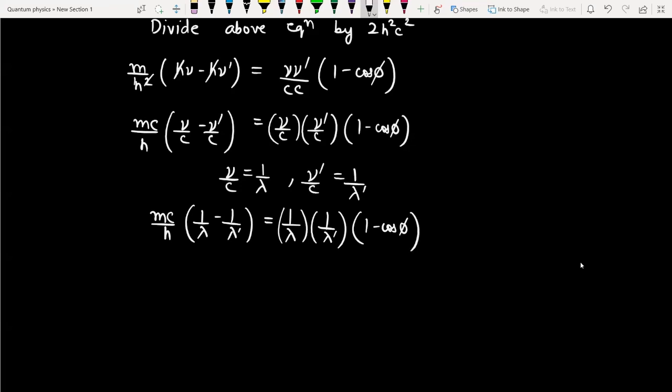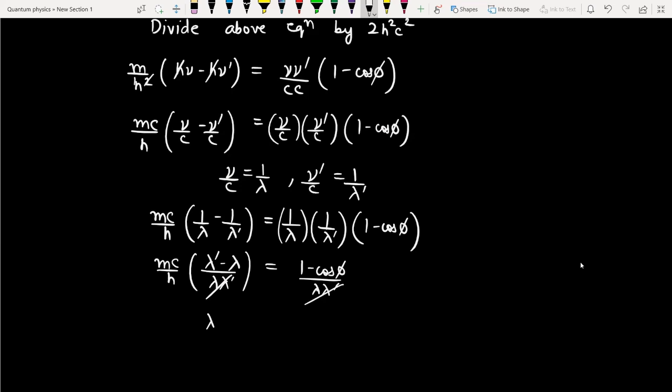Now if you take this LCM, you get mc over h times lambda prime minus lambda over lambda prime, equal to 1 minus cos of phi over lambda prime. This and this cancel off.